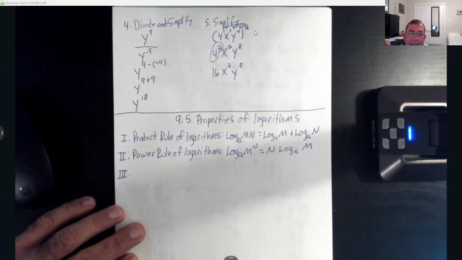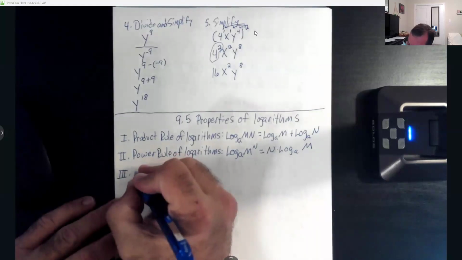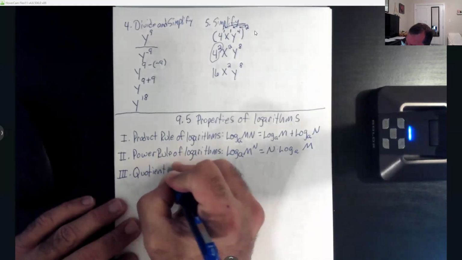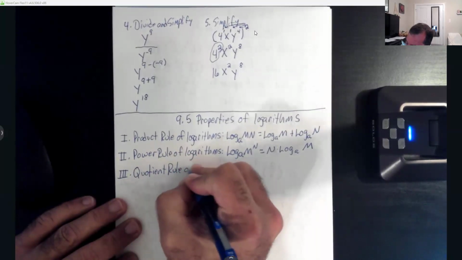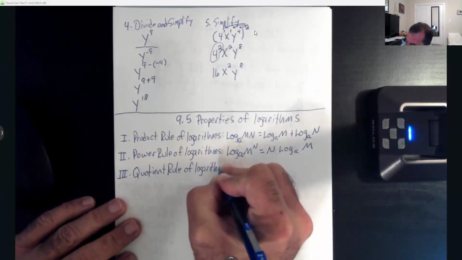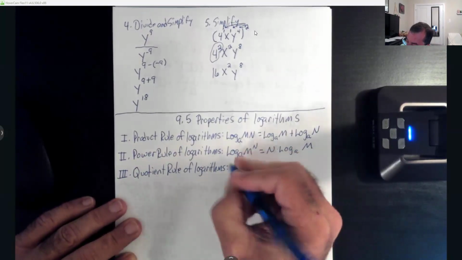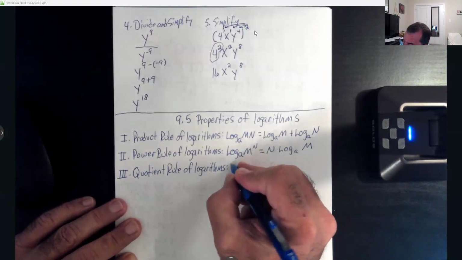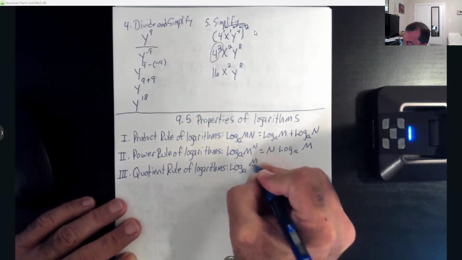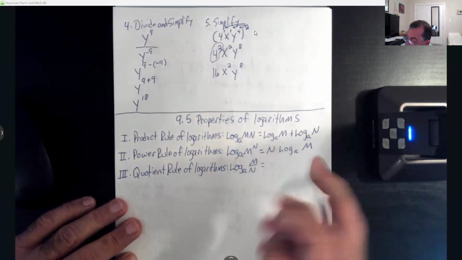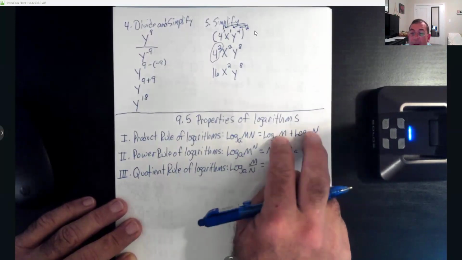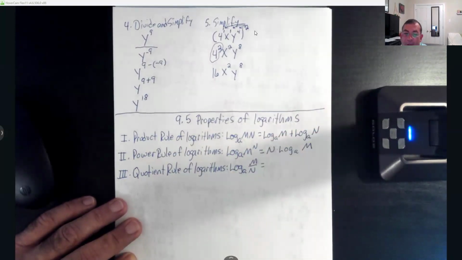All right, y'all, we had a quotient rule of exponents. I got a quotient rule of logarithms. That says if I got a log base A of M divided by N. Well, remember up here when I multiplied, I wrote that as the sum of the logs because we added the exponents.